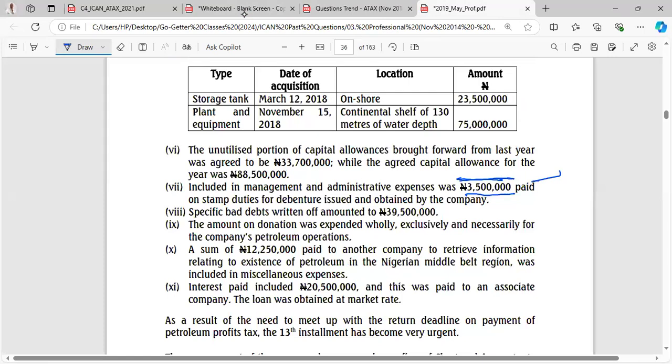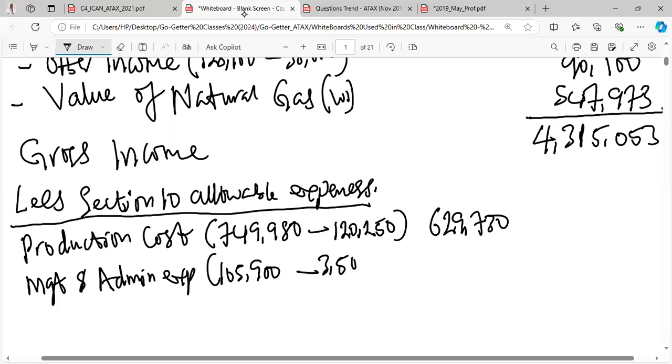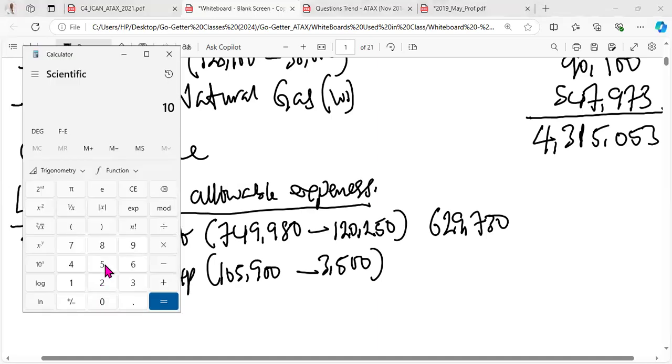So we remove 3,500 from it. So let's see, 105,900 minus 3,500. That gives you 102,400.